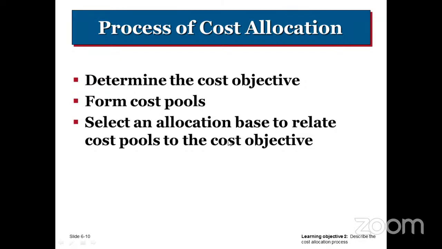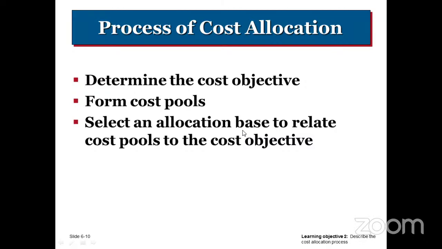After you already know which department or product is to bear the cost, the cost objective, and you have gathered the cost pool, the next thing to do is select the allocation base. What does allocation base mean? You already gathered your cost, and you already know who is to absorb the cost.